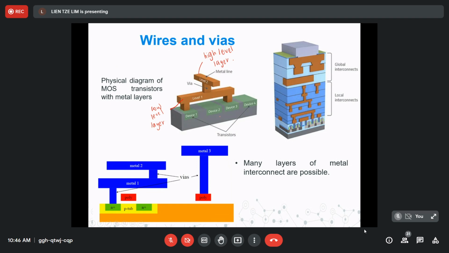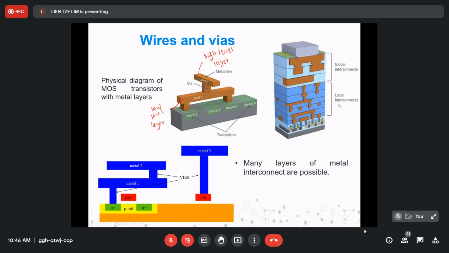The real MOS transistors on the chip should actually look like this one. You see here there are many levels, and all the levels here are with contacts and also the interconnects.